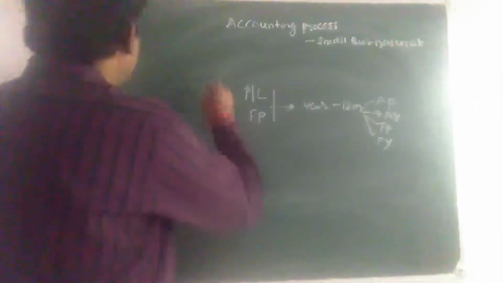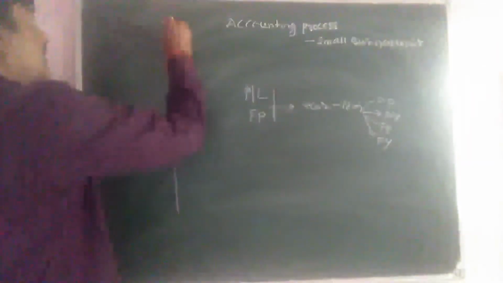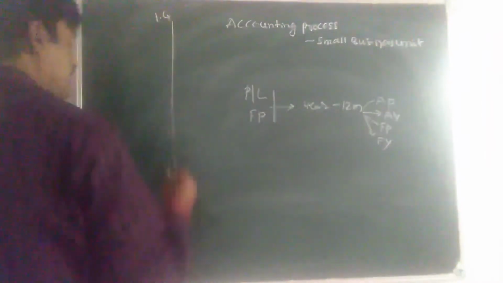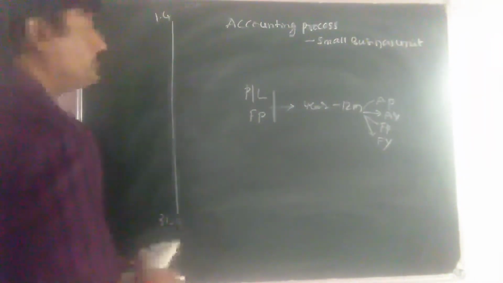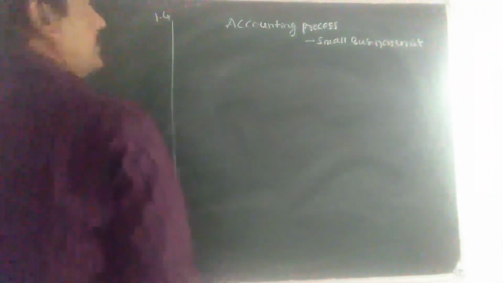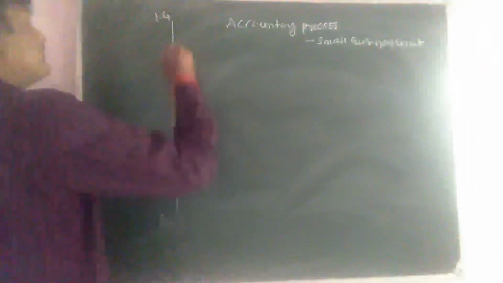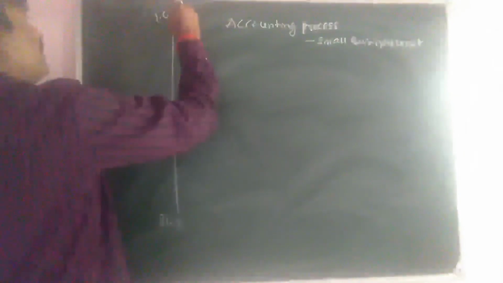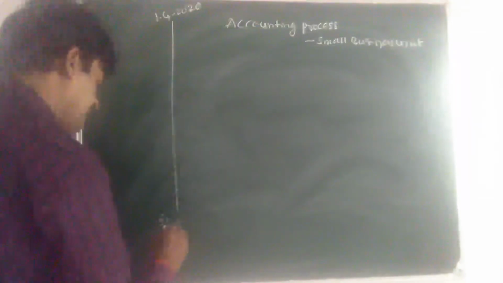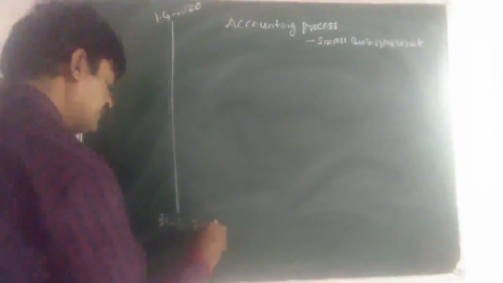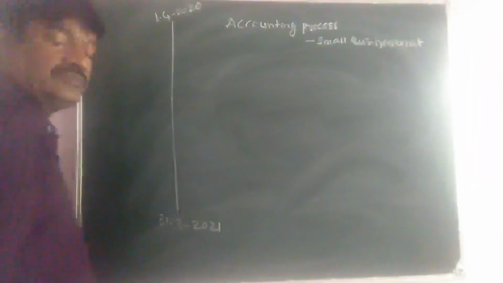Every financial year starts from 1st April and ends with 31st March. Take the example of last year: 1/4/2020 ends with 31st March 2021.